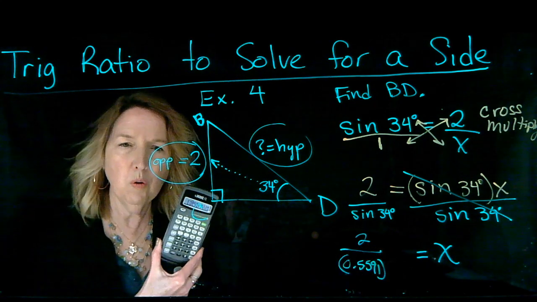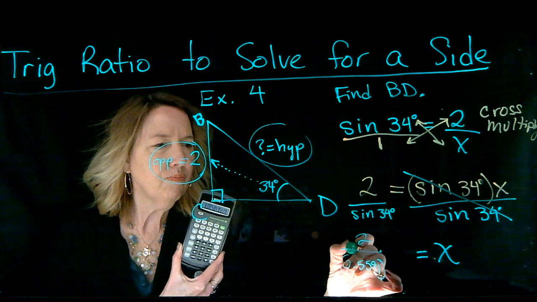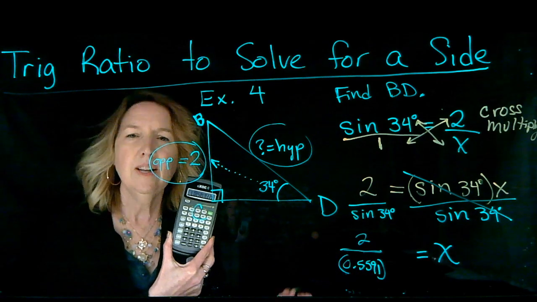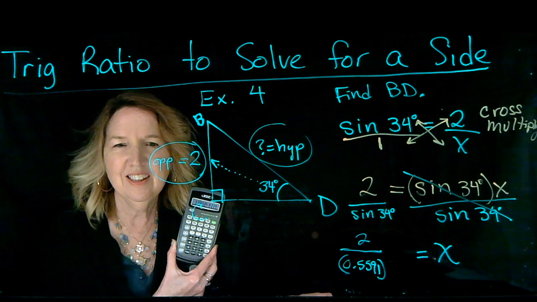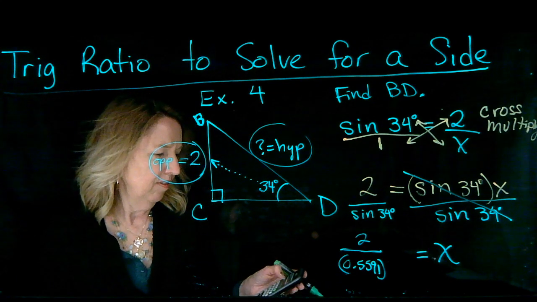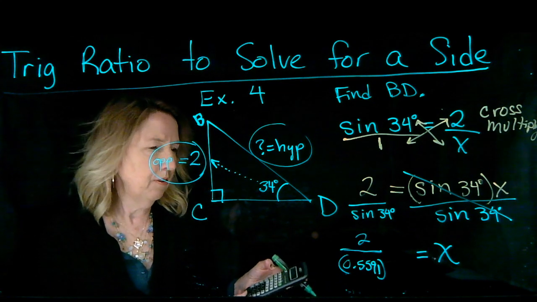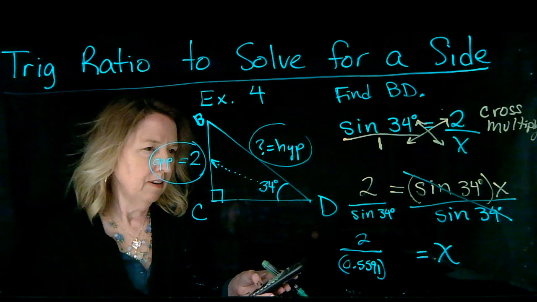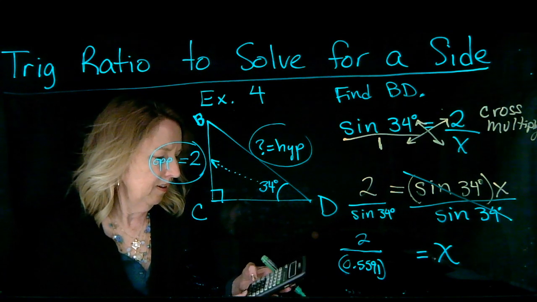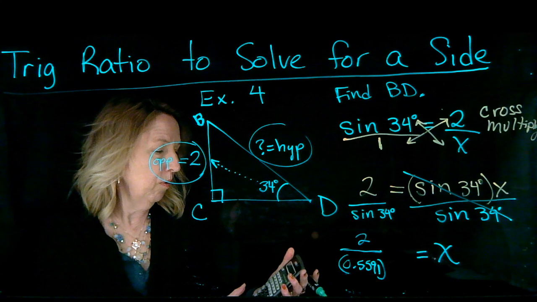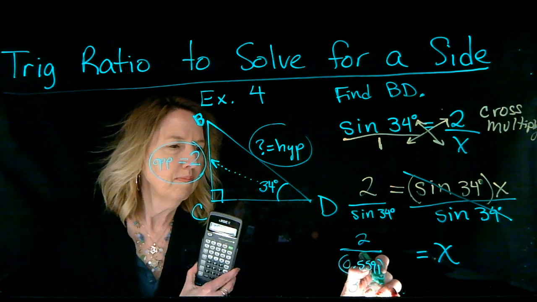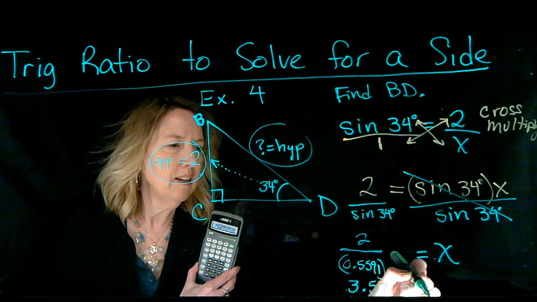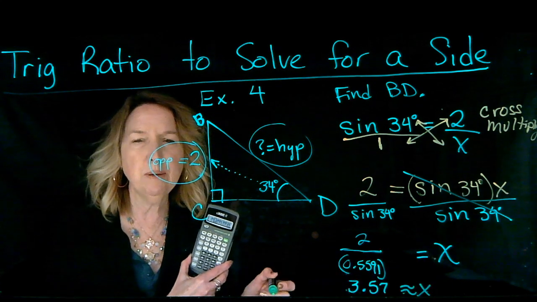The further you go, the more accurate it's going to be. But what I can do now is just type, okay, what's 2 divided by this decimal? So 2 divided by 0.5591, I get 3.57. Rounding that to the nearest tenth is 3.6.